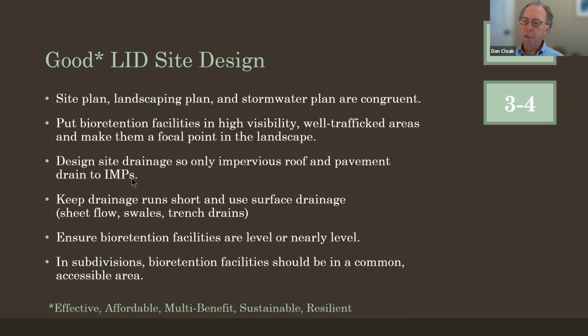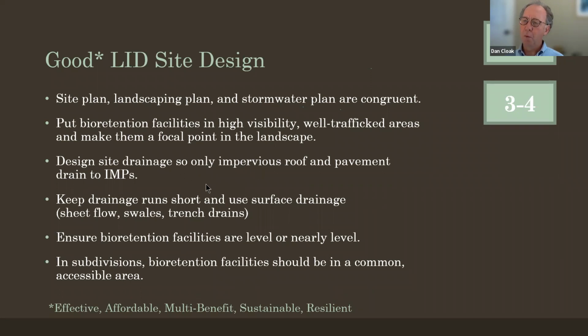Another piece of this is designing site drainage. I think most drainage engineering, both because of its simplicity and because of the objective of dealing with peak flows, is, well, you take all the different areas of the site and you drain them to one downhill point and you put a basin there or whatever you have to do in order to control flows.